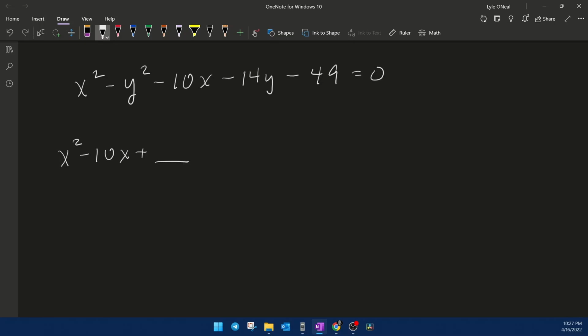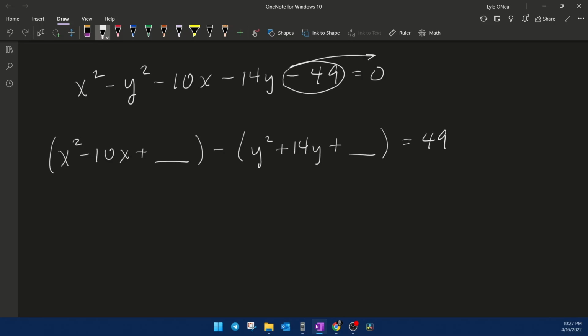We're going to need to complete the square for the x's, and then it says minus, and then we're going to group our y's together. Notice that I am going to factor out the minus. So that's going to give us y squared plus 14y plus another blank to complete the square. Our minus 49 is going to move over to become a positive 49.